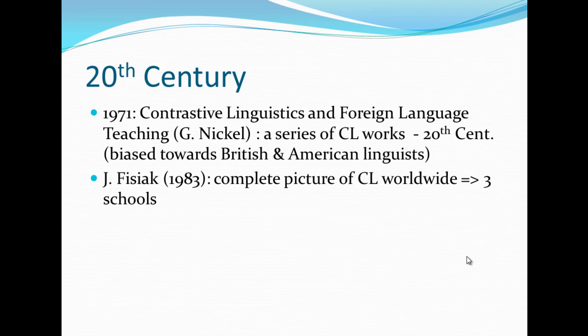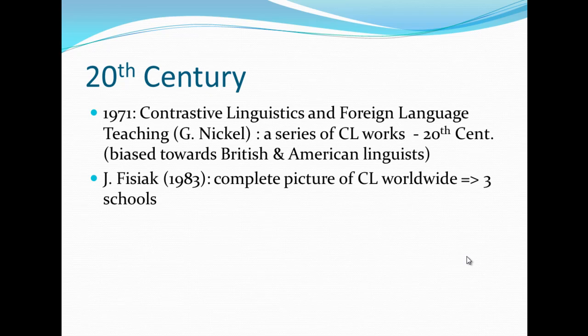So Google Translate that we are using nowadays started after World War II. It was initially a project to do automatic translation between American English and several European languages. And the Soviet Union had a similar project. And in order to make those projects work, obviously it has a lot to do with contrastive analysis, contrastive study.